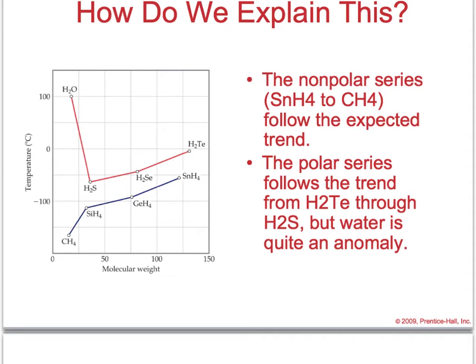Okay, we have graphs here. In this graph, it is molecular weight versus temperature. As you see, as the molecular weight increases, the temperature, or the boiling point, increases too for the blue line.